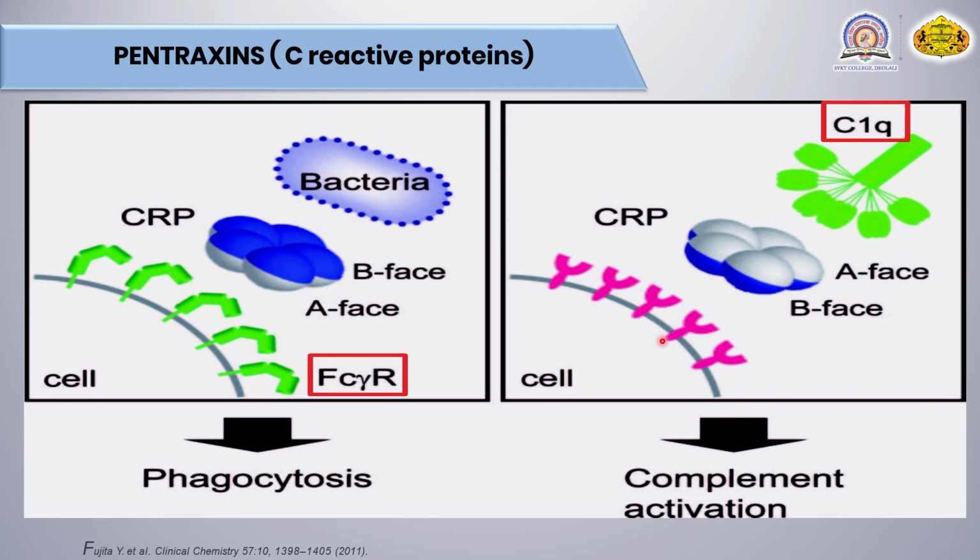When they are expressed and this binding takes place here, it activates the complement, and this complement further initiates the classical pathway, and further it either activates the phagocytic cell or it may produce the membrane attack complex here, and the destruction of that pathogenic cell takes place.